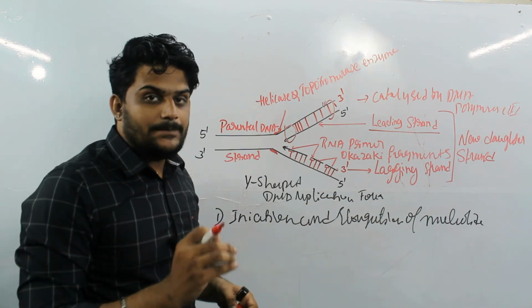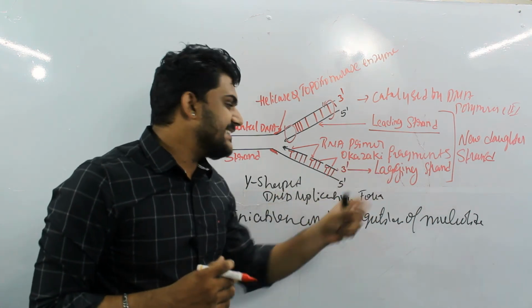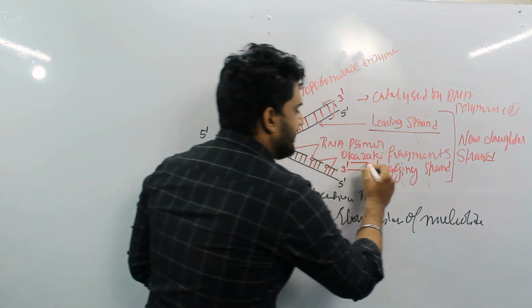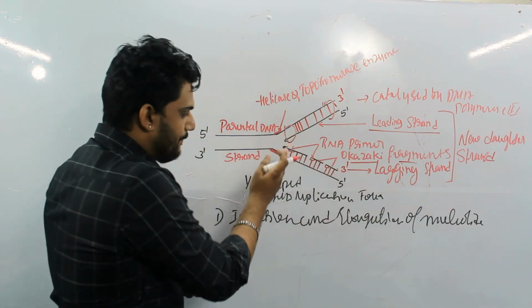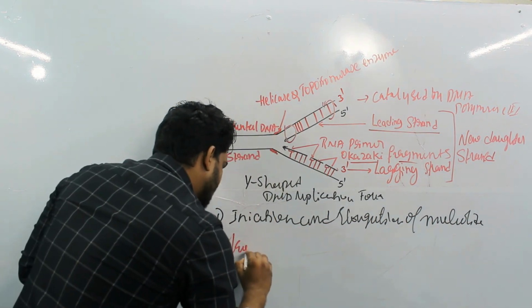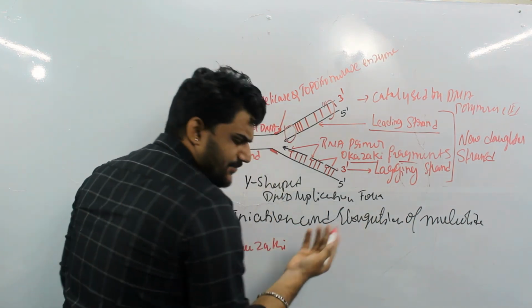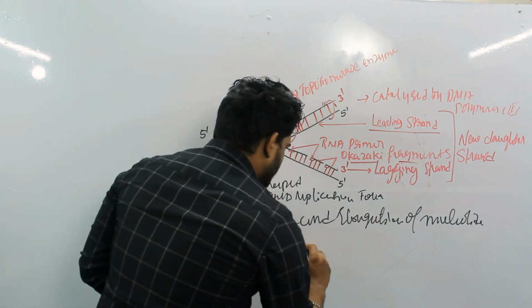That's why the Okazaki fragments are created. The Okazaki fragments are small and short, and you can see there is a gap between each Okazaki fragment. They were discovered by the scientist Okazaki, who was Japanese.